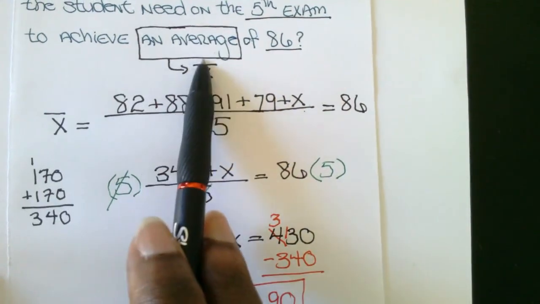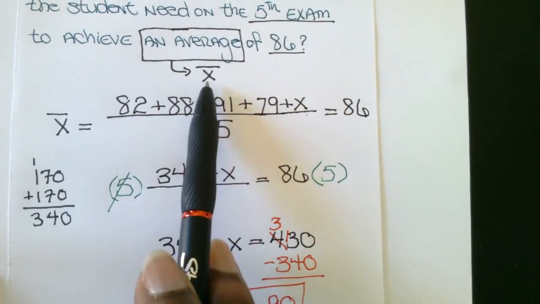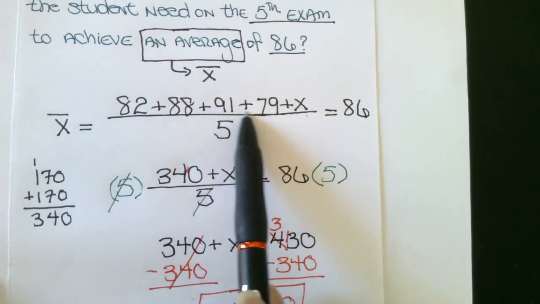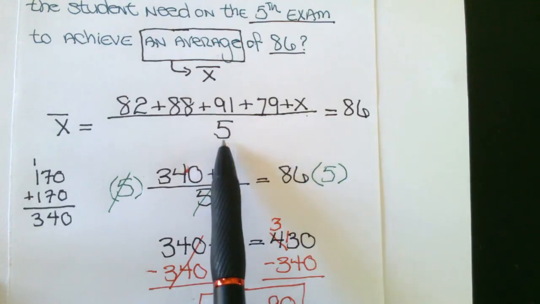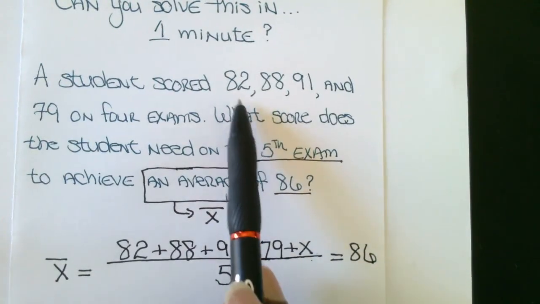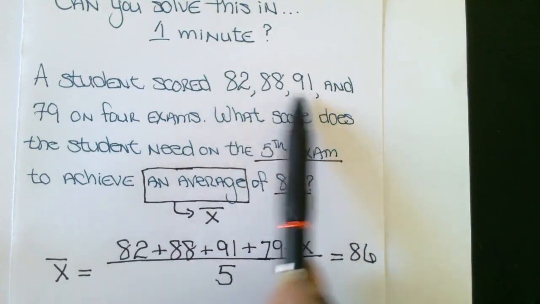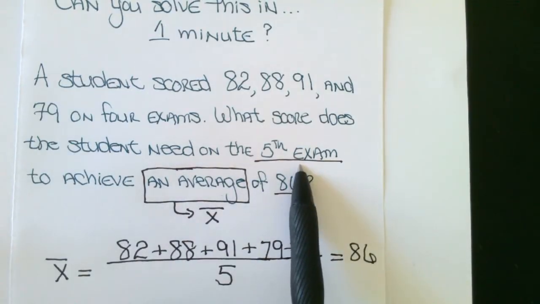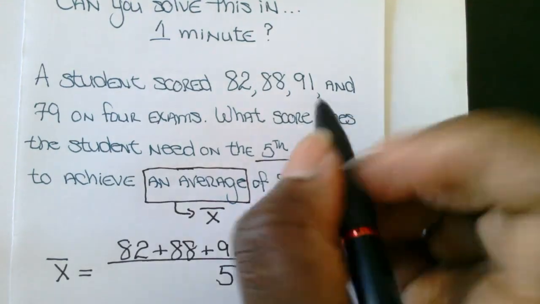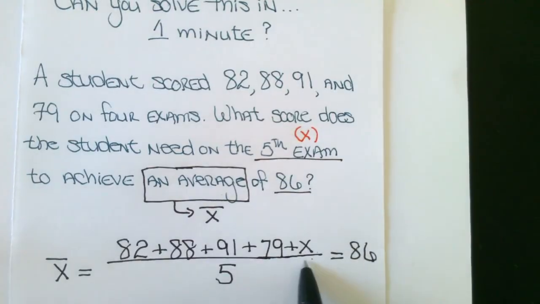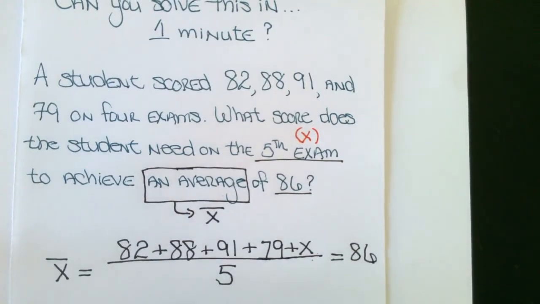Anytime they say the word average, you're looking at the mean. And the mean is you add all your numbers up and divide by the number of numbers. So they gave us 4 exam scores, but they want us to know what the 5th score is. Since we don't know what the 5th score is, that's our unknown, our x.